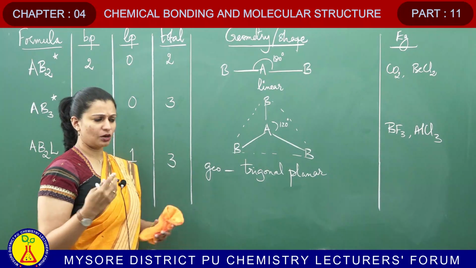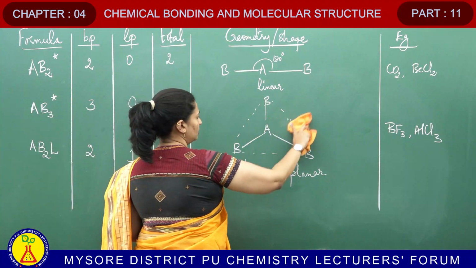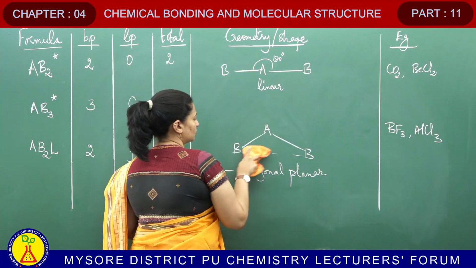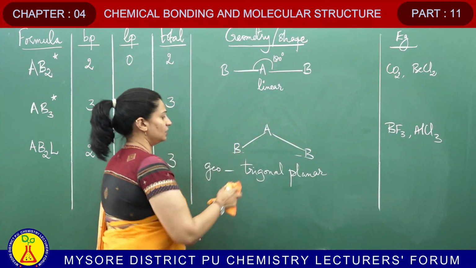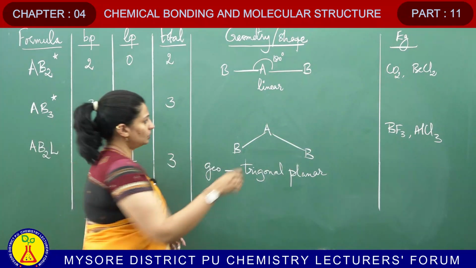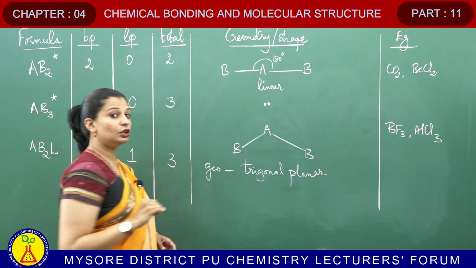Now, when I say geometry remains trigonal planar, what I mean to say is the orientation of the atoms remains as a triangle. So, instead of having a bond pair, you are having a lone pair here.